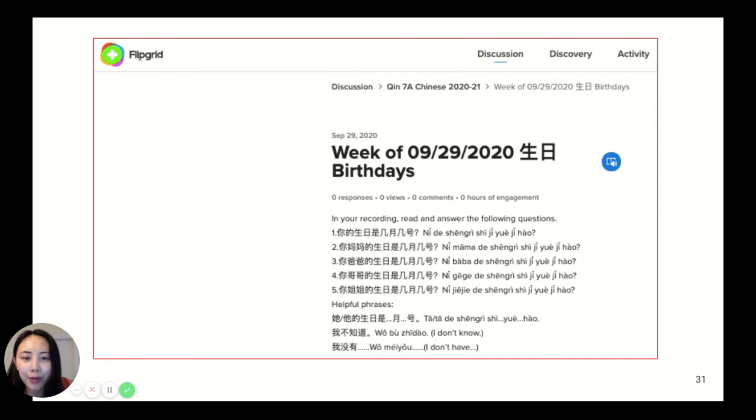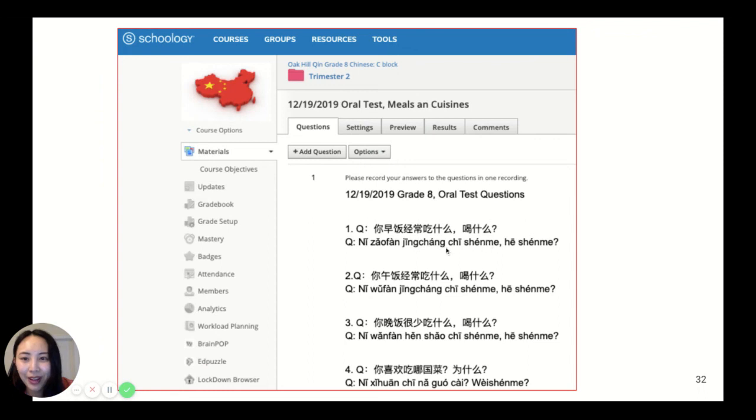So on Flipgrid, I just post the instructions, and then they're going to make recordings. They can decide they do audio or video, and they can choose the emojis for their cover. It's pretty cool. And I also provide the assessments on Schoology. So it depends on which platforms they prefer and the convenience level of them accessing the platform at home.